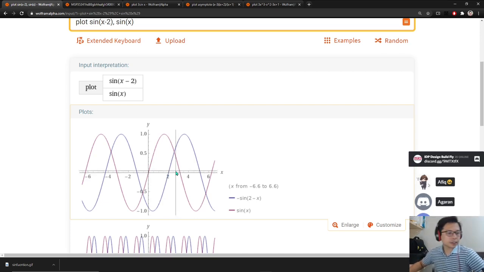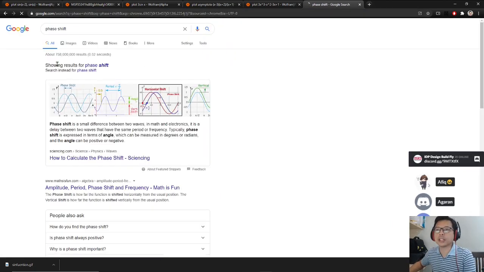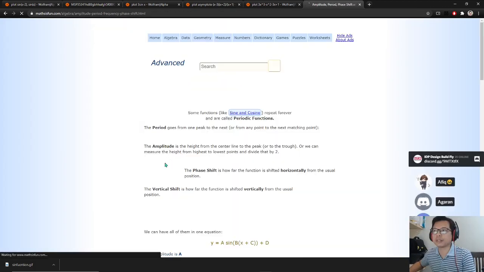Let me show you some examples here. I think I found a good animation showing what phase shift is: amplitude, period, frequency.